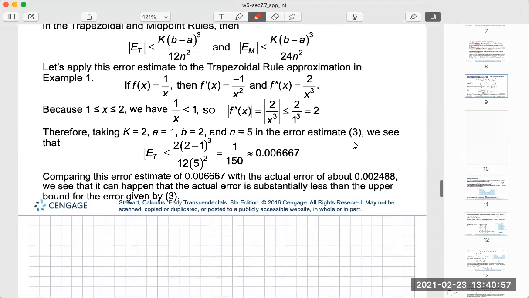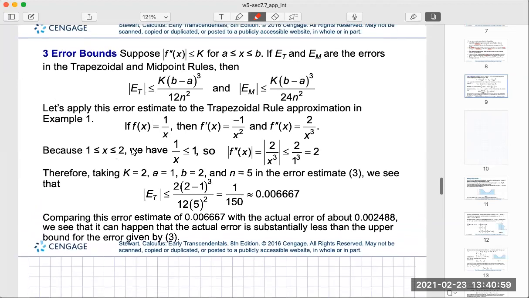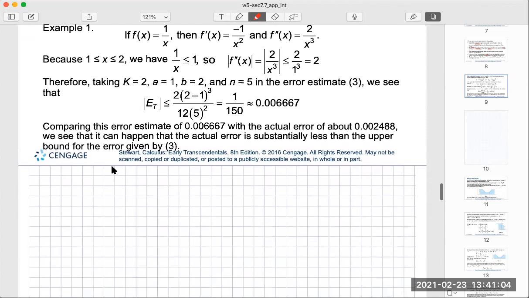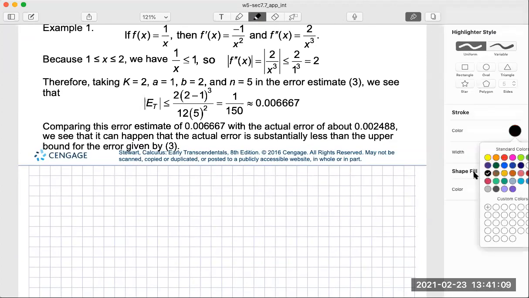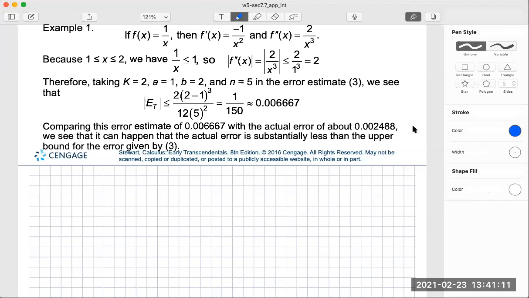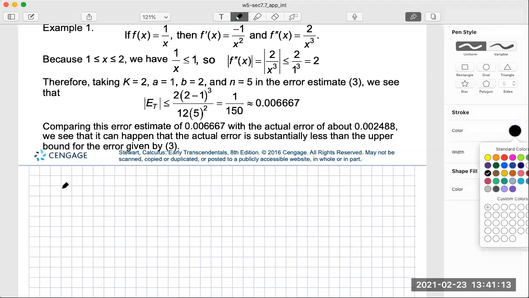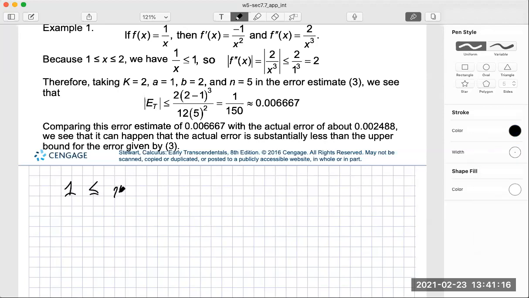The integral we study has x between 1 and 2. And the second derivative here is 2 over x cubed.